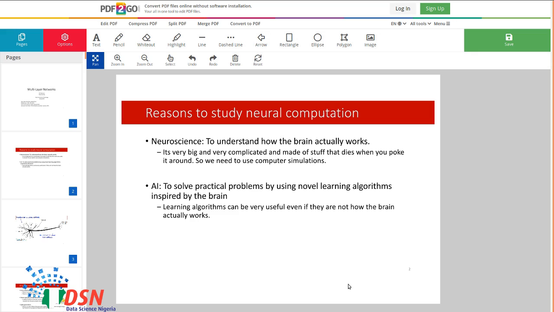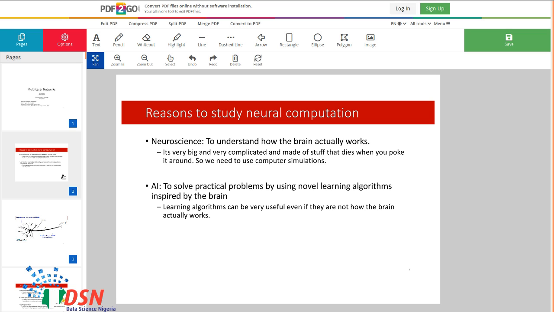Okay, now we want to talk about multi-layer networks. The reason to study neural computation is, first, to know how the brain works, and second, that we could use how the brain works, its algorithms and structure, to solve our problems, the artificial intelligence problems.